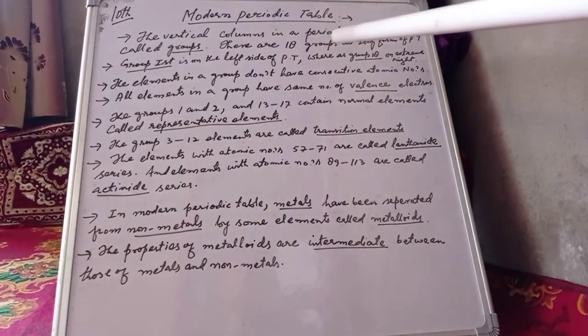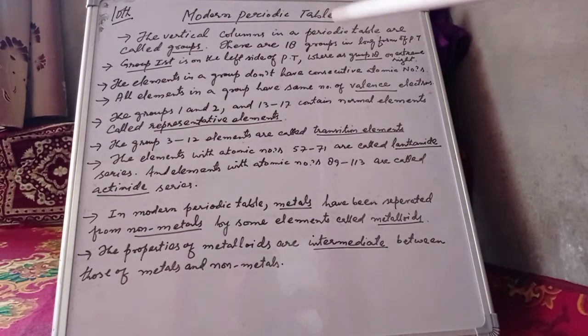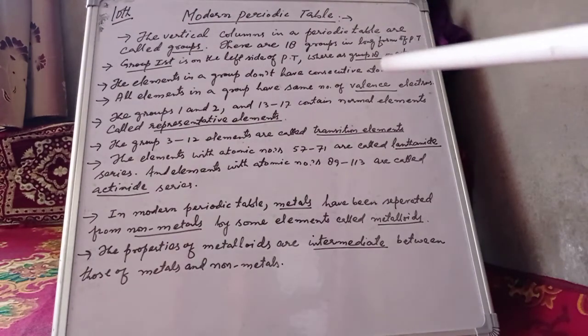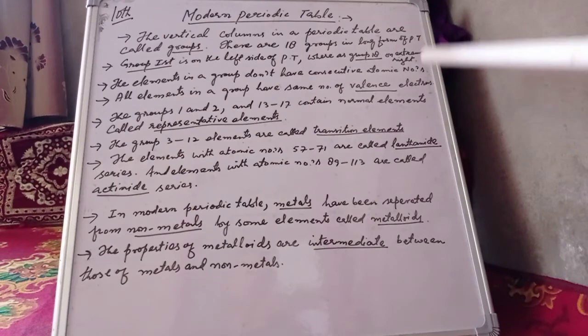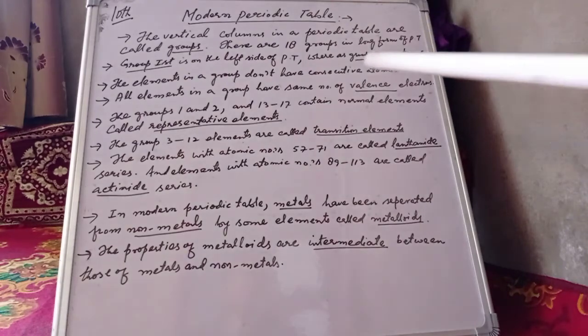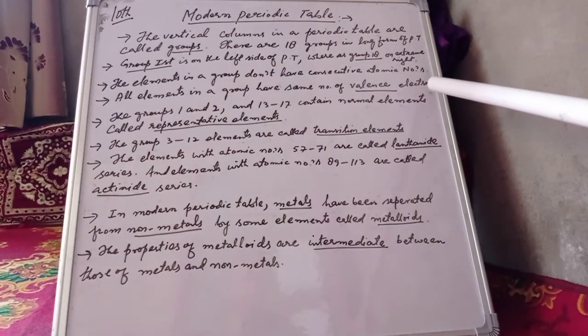Sodium has atomic number, suppose, 11. So the elements in a group don't have consecutive or continuous atomic numbers. You have to remember this point. Got it here, dear students? All elements in a group have the same number of valence electrons.